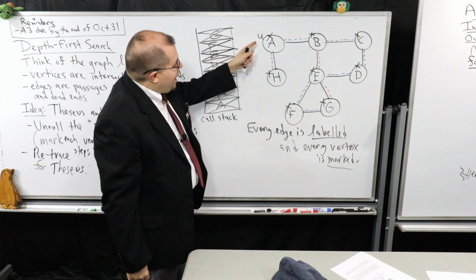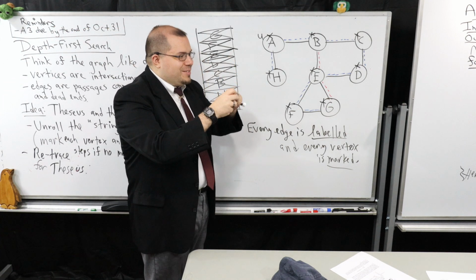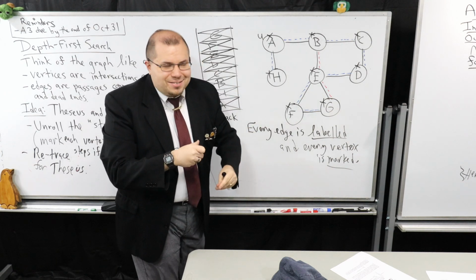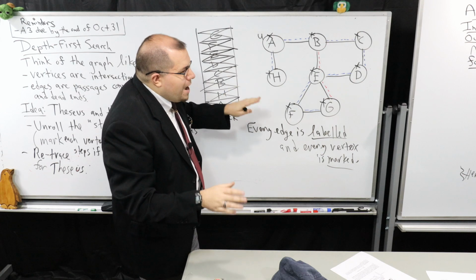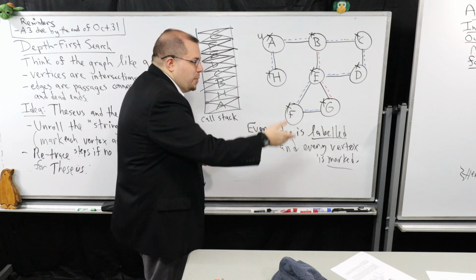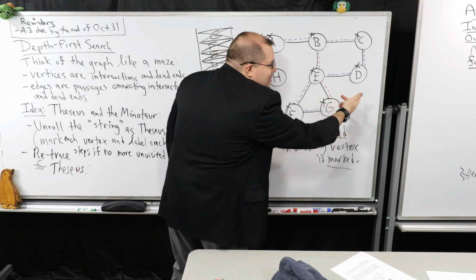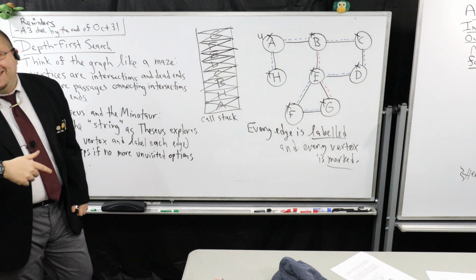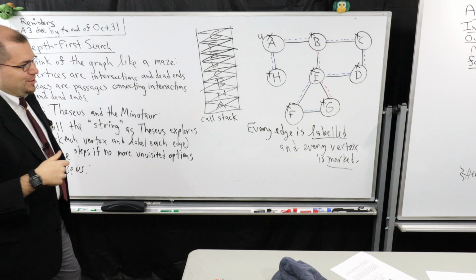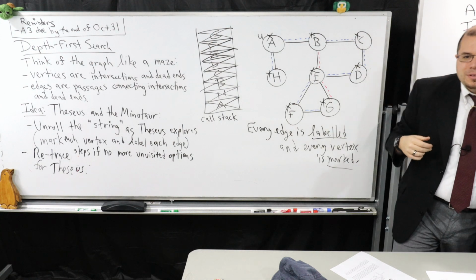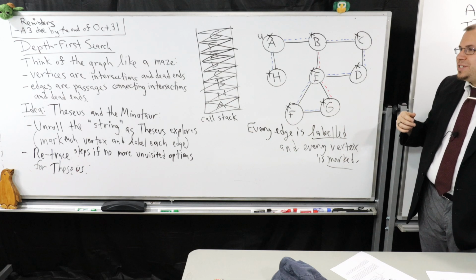Because remember, Theseus just has this ball of string here, right? That's all Theseus has. So there's no way that Theseus has a pickaxe, can bust down a wall in this dungeon or labyrinth and find a new spot to keep exploring. Theseus does not have that ability, unfortunately. Theseus only can follow down the passages and mark and label the passageways and intersections.